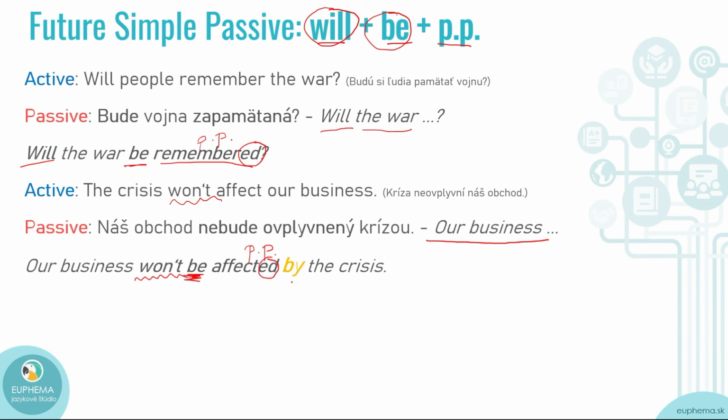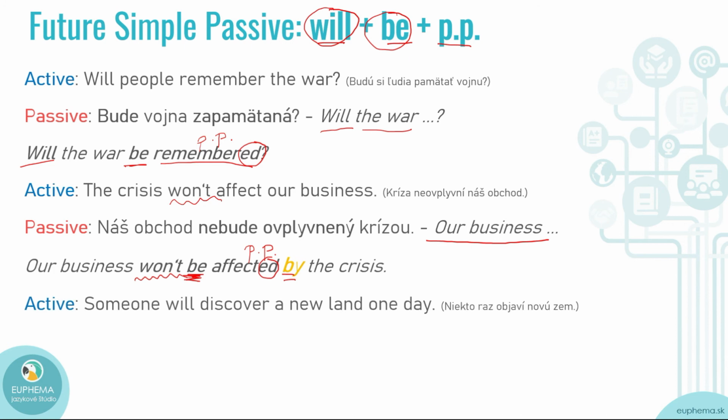And as we learned before, if you want to specify by who or by what, you can also add this information, but you need to use this preposition by. So our business won't be affected by the crisis. Finally, someone will discover a new land one day.